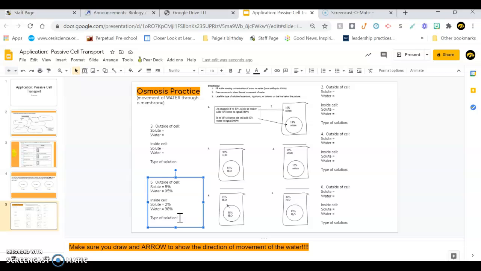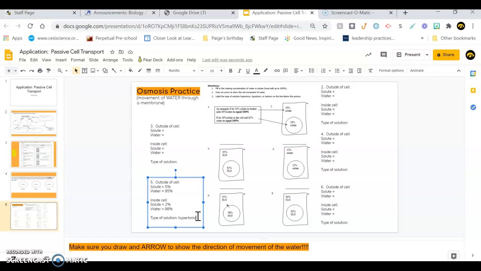So that to me indicates that water is moving into the cell, making the cell get bigger. So anytime you have water moving into the cell, it is hypotonic. Anytime you have water moving from inside the cell to outside of the cell, you have hypertonic. Okay? And anytime it's equal, it's isotonic.